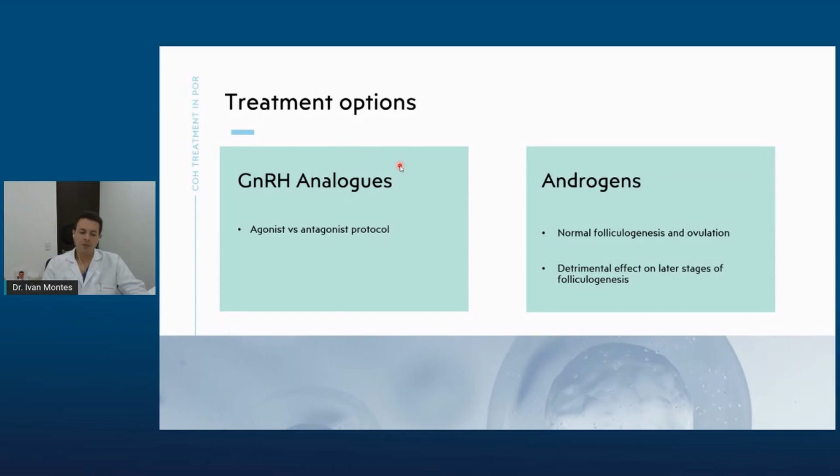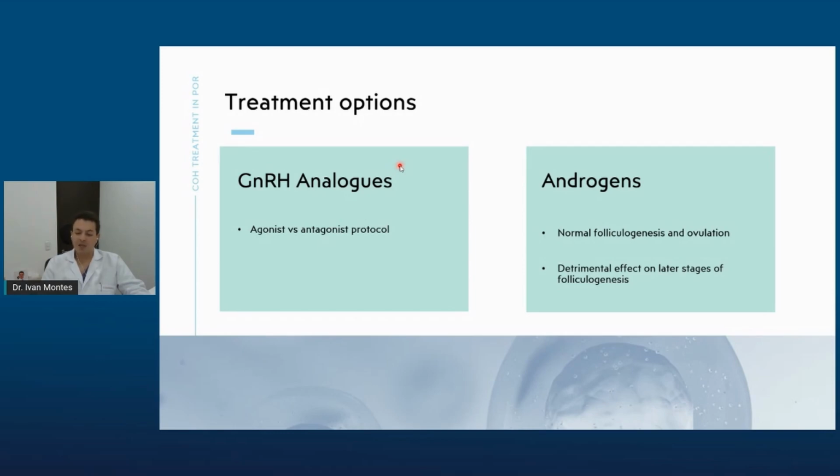On the androgens, well, the androgen receptors are expressed in the theca cell, the granulosa cell, and also in the oocyte. And the expression of these receptors in follicular cells is critical for normal folliculogenesis and ovulation. Therefore, various androgens, mainly testosterone and DHEA, have been clinically tried as co-treatment before and during the ovarian stimulation treatment in patients with poor ovarian reserve, but the success was very limited and equivocal.